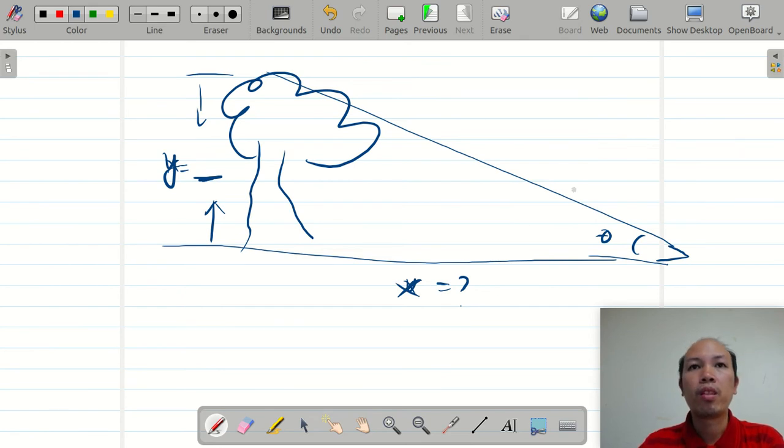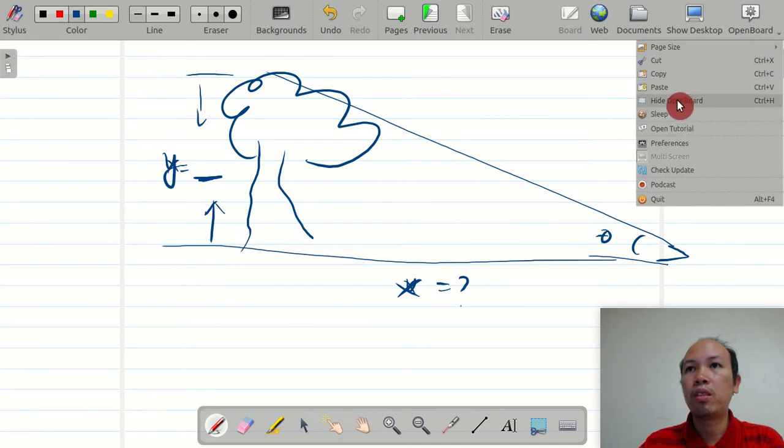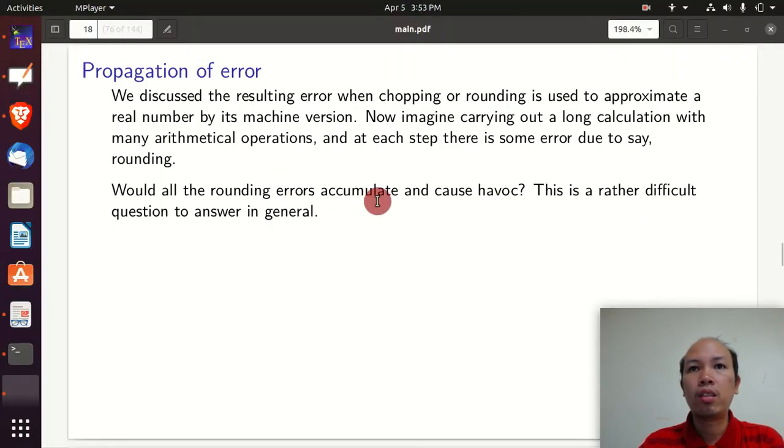So that's what we mean by this statement.